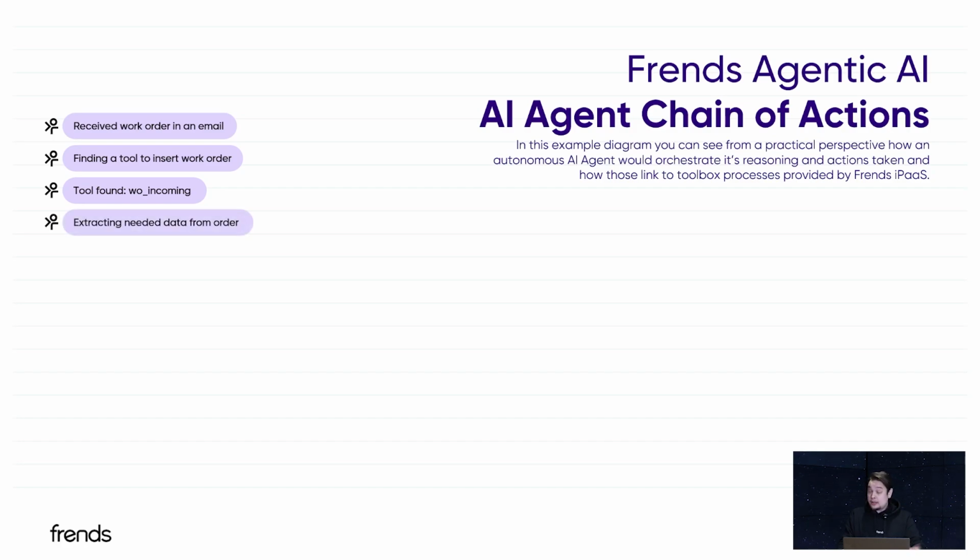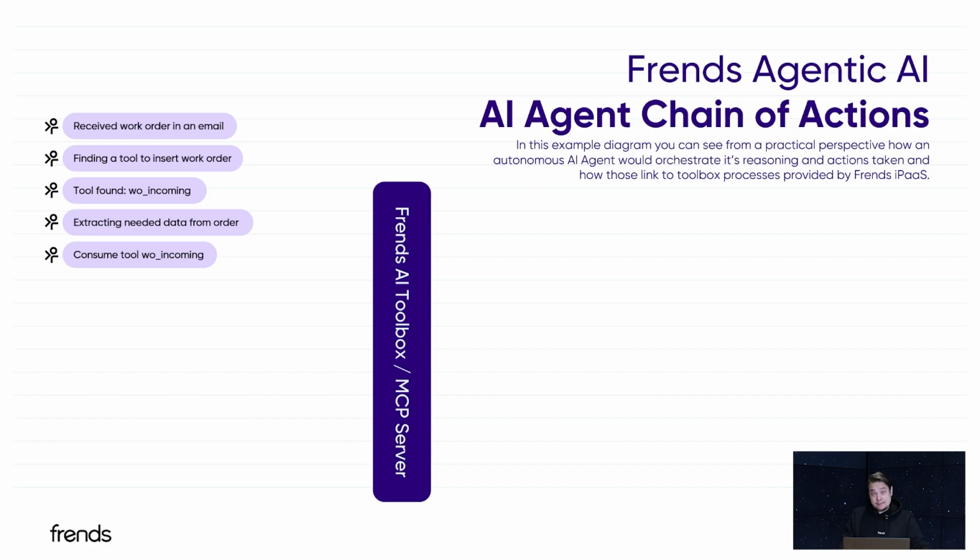And of course, the steps that the AI then can fully autonomously take is to extract the needed data from the email, any type of attachments that might be included, and consume that tool using the MCP protocol, the MCP server that the Frends iPaaS is exposing as one of the tools in the AI toolbox.